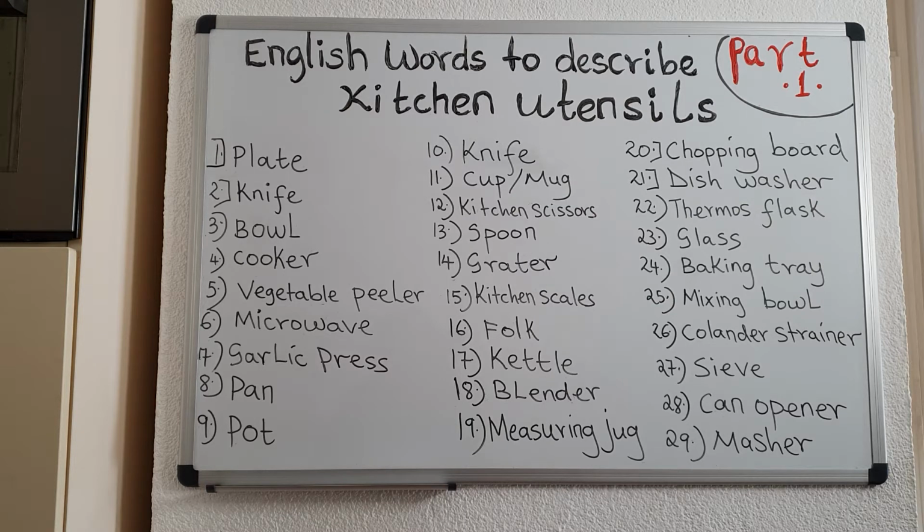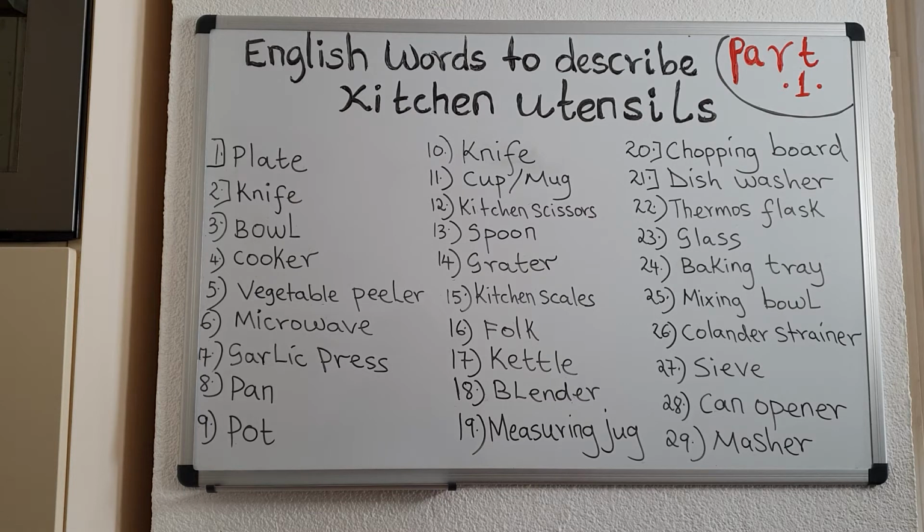The next word is cooker. Now, to cook your food, you use a cooker. You light your cooker and then you begin cooking your food. Now, there are two types of cookers.